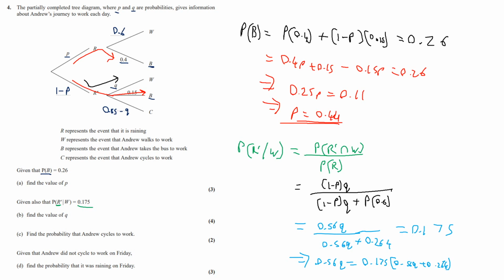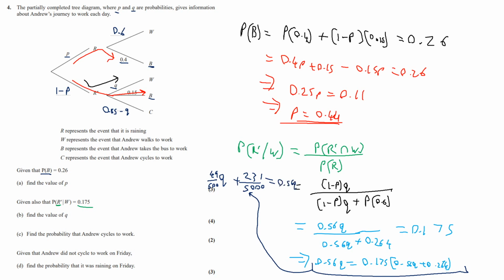Running a bit low on space, but that's fine. I'm going to put this up here for a second. I'm going to expand that bracket. I'm just going to put it in fractions. 49 over 500 Q plus, and this is the important one, 231 over 5,000 is equal to 0.56Q.